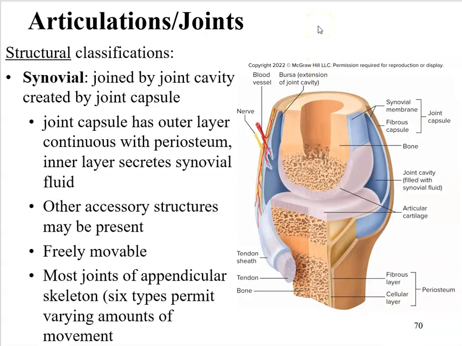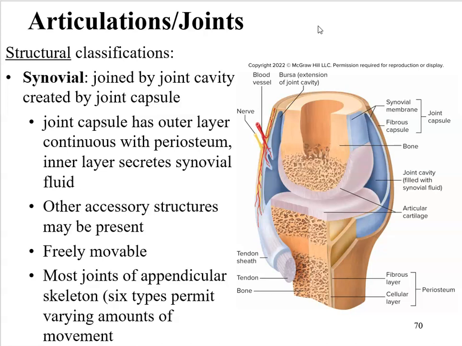The third type is the synovial joint, and this is likely what most people imagine when they hear the term joint. This is bones that are joined by a joint cavity, which is created by a membrane called the joint capsule.